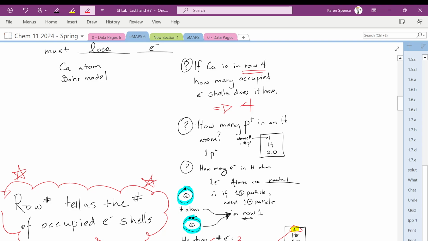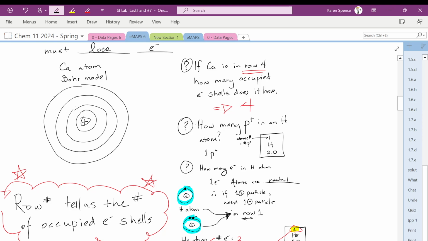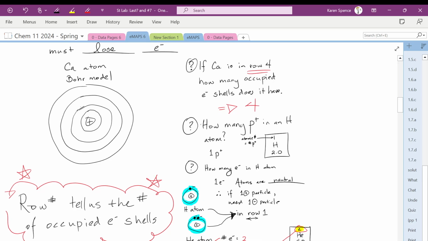4. So for calcium, here's my calcium Bohr model. Here's my nucleus, and I'm going to have 1, 2, 3, 4 shells. Now, how many electrons does calcium have?